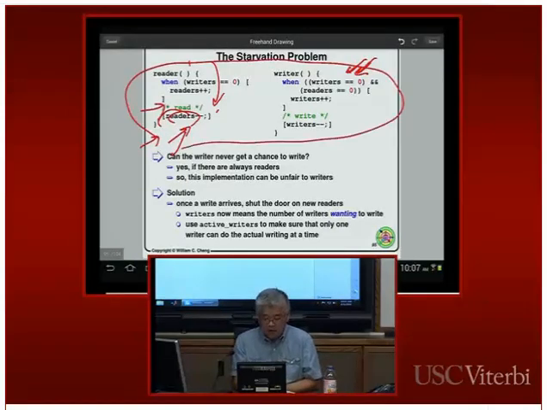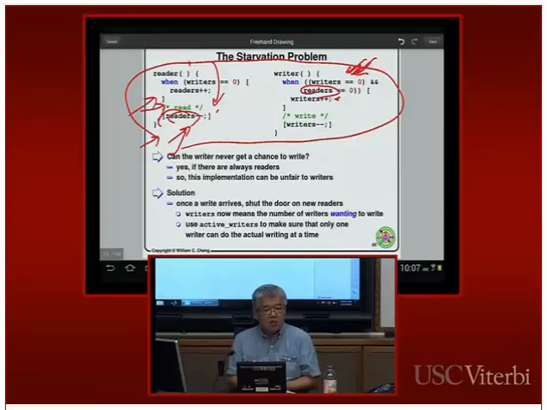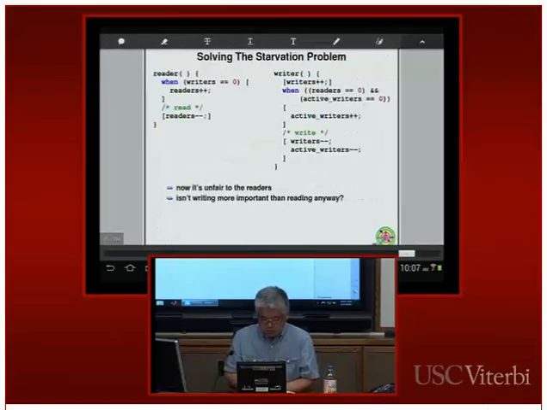It says the writer will not get in as long as the number of readers is not equal to 0. So if readers keep coming in, the writer never gets a chance to run. So the solution is to reverse the priority, to have the writers have a little higher priority. But again, you don't want to mess around with the thread priority. You can do it simply with this solution.